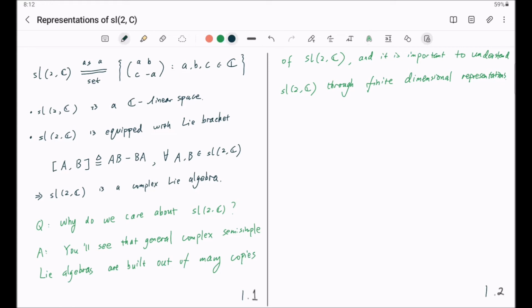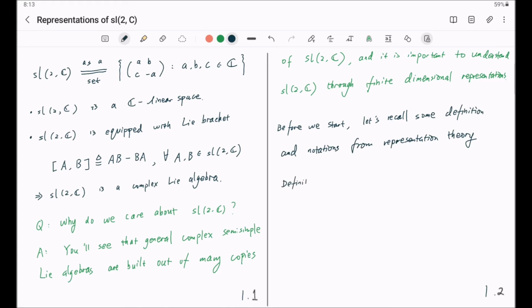Now, before we start, let us recall some definitions and notations from the representation theory. So, definitions. Let V be a finite dimensional complex vector space.